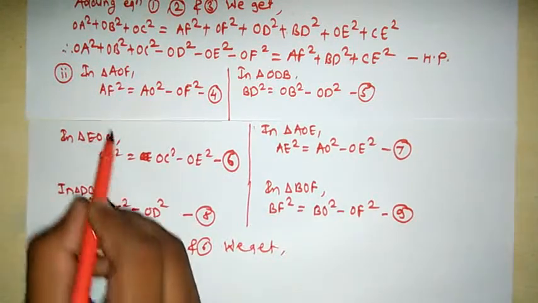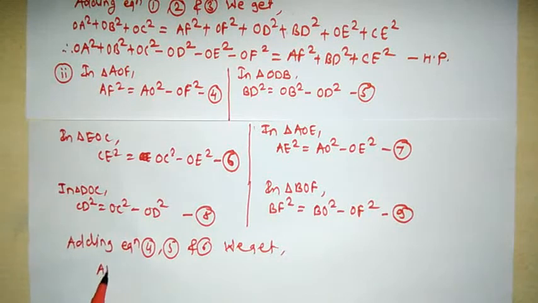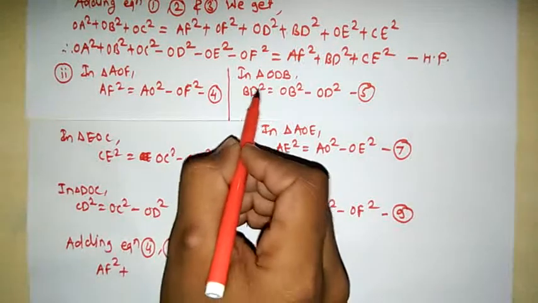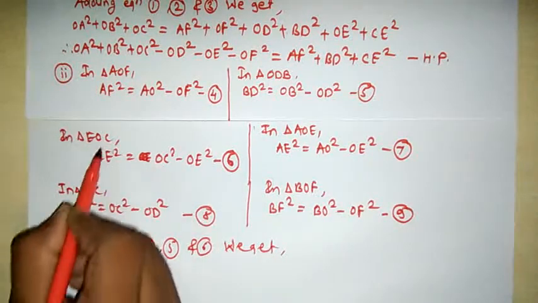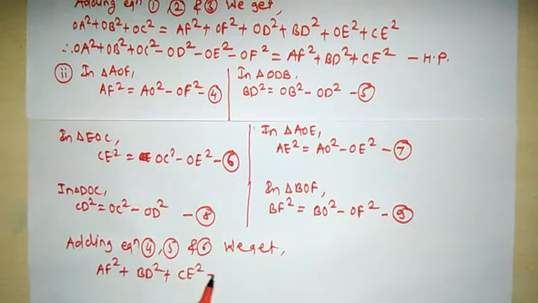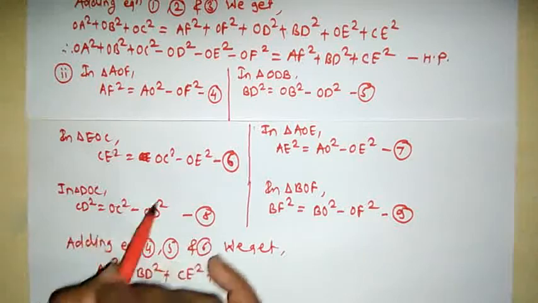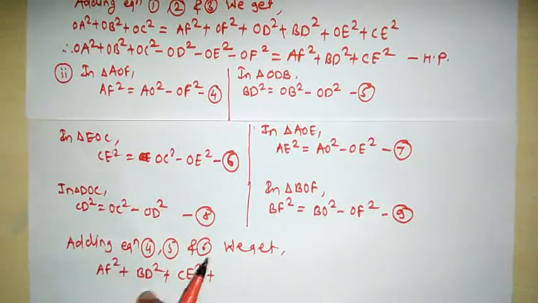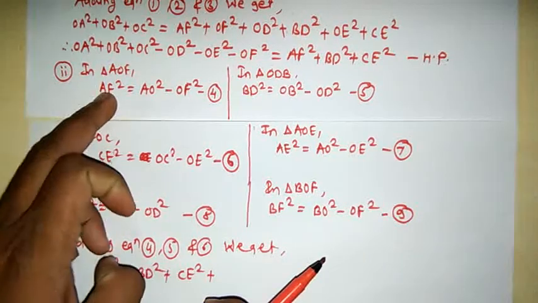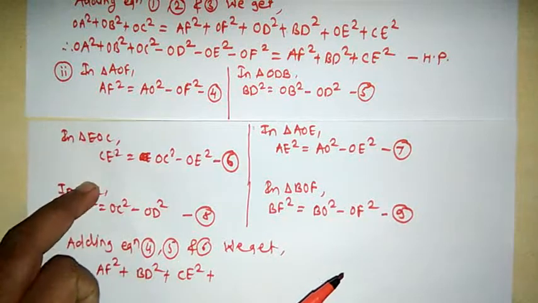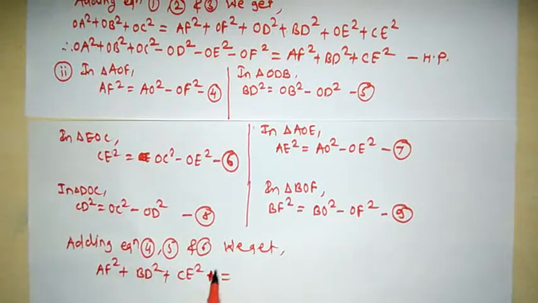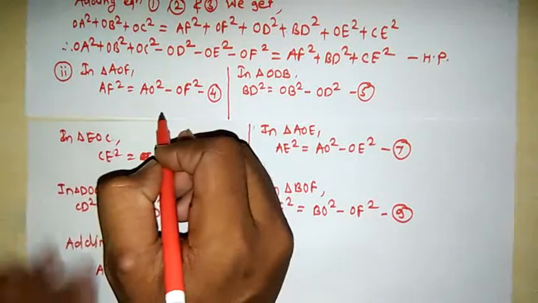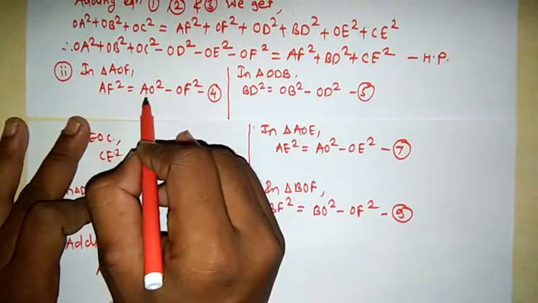First we will add LHS. In LHS, equation number 4 has AF square, plus equation number 5, BD square, plus CE square. We have added only the three equations. AF square plus BD square plus CE square is equal to, now we will add RHS. In RHS what we have?